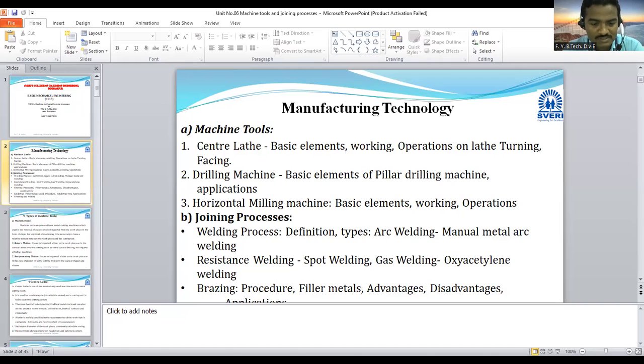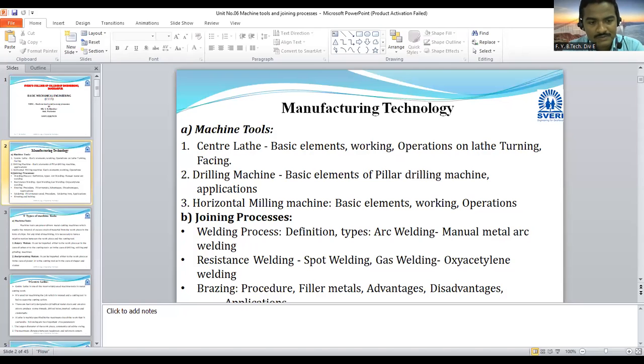Once the full syllabus is finished, such points will be covered, after we cover the actual syllabus that we need to cover as per the university. So riveting and bolting, its content beyond syllabus, will be covered at the last. So this is the syllabus that we have to finish under this unit, machine tools and the joining process.